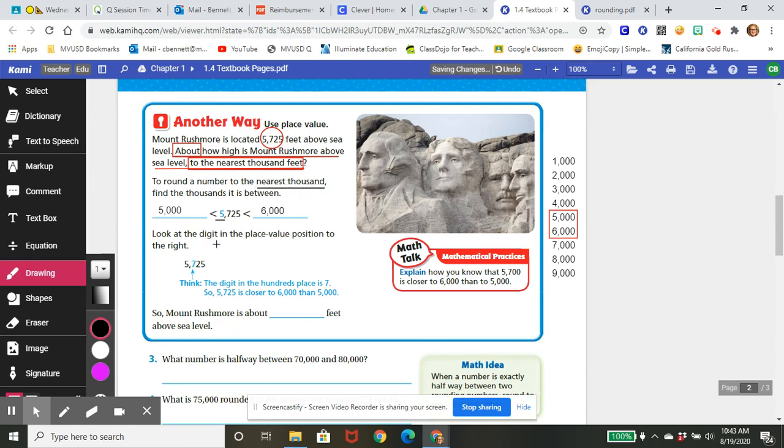Then it says, look at the digit in the place value position to the right, okay? So here I'm looking in the thousands place, and then I'm going to look next door, okay? I'm going to look next door at what's sitting next to it, and I'm going to decide if this number makes it closer to 6,000 or closer to 5,000, okay?